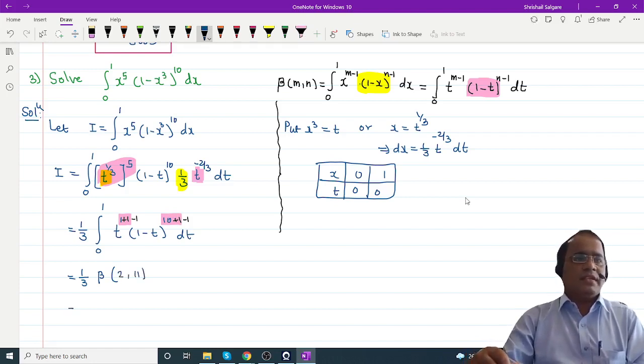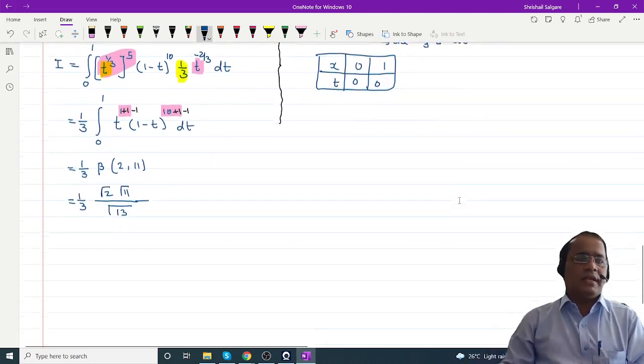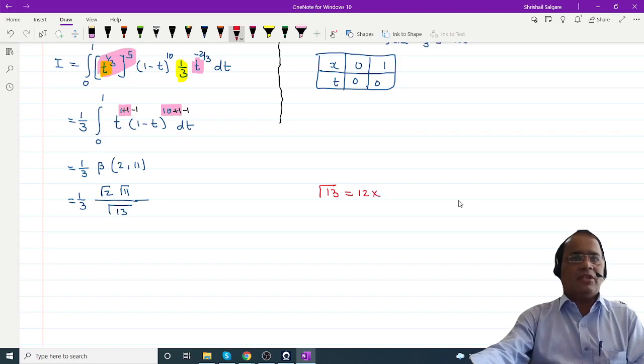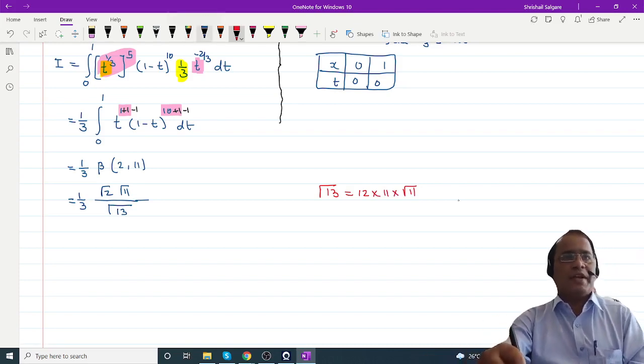So further you can simplify it as 1 by 3 gamma 2 gamma 11 into gamma of 11 plus 2, which is 13. Now again, in the same manner I will write gamma 13. If you simplify, it can be written as 12 into 11 into gamma 11, and that gamma 11 I am going to cancel from the numerator and denominator.